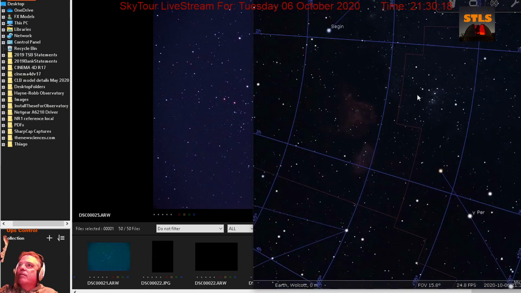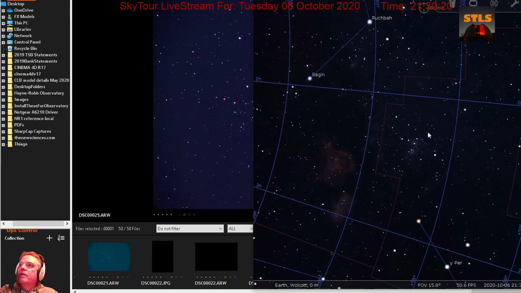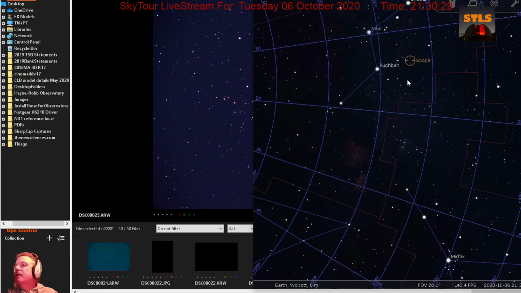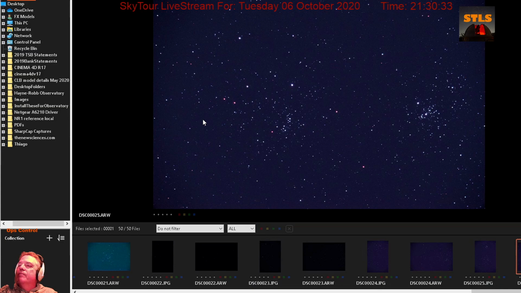But as you get down here, here's the double cluster. And here's the state border for Perseus right there. This is Perseus, and this is Cassiopeia. So technically, it's in Perseus. But what a beautiful shot.